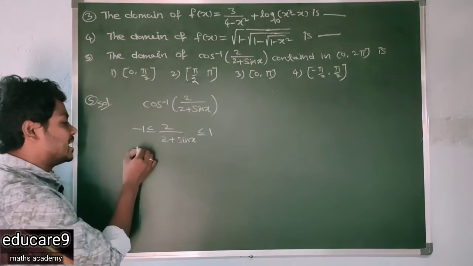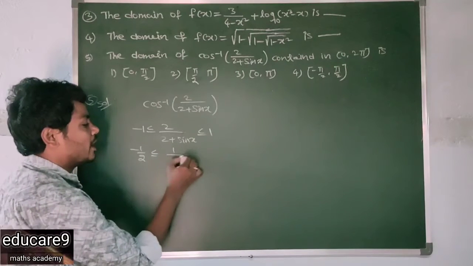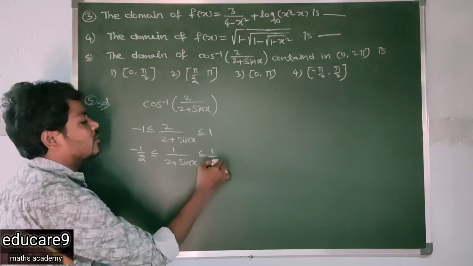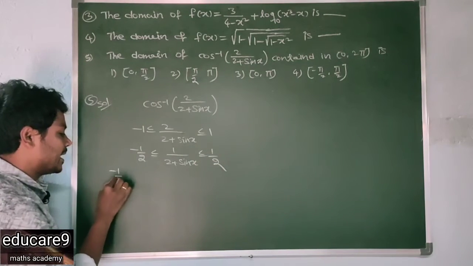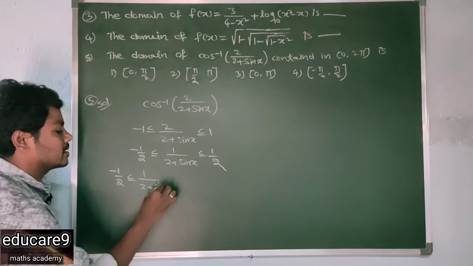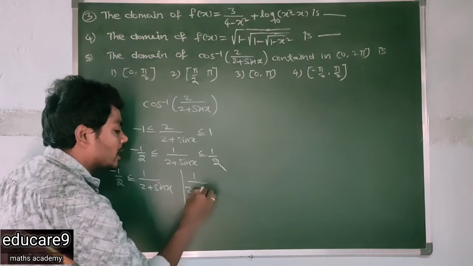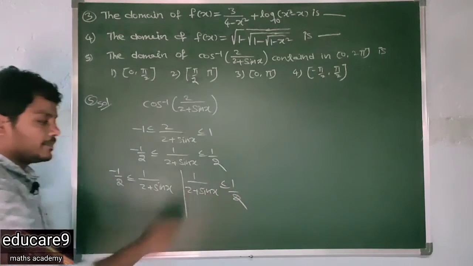Now this can be written as minus 1 by 2 is less than or equal to 1 by 2 plus sin x is less than or equal to 1 by 2. So here two possibilities. One is minus 1 by 2 less than or equal to 1 by 2 plus sin x, and 1 by 2 plus sin x is less than or equal to 1 by 2.